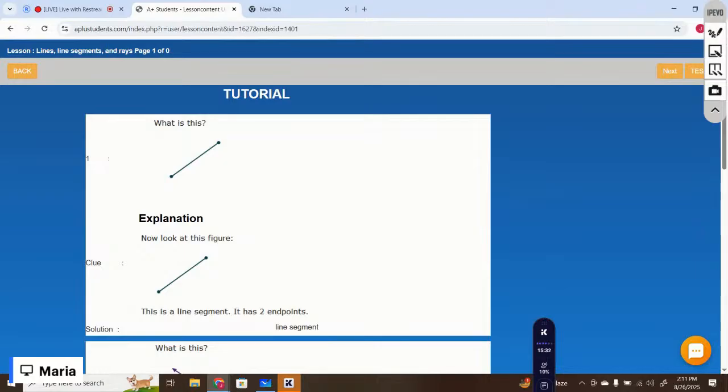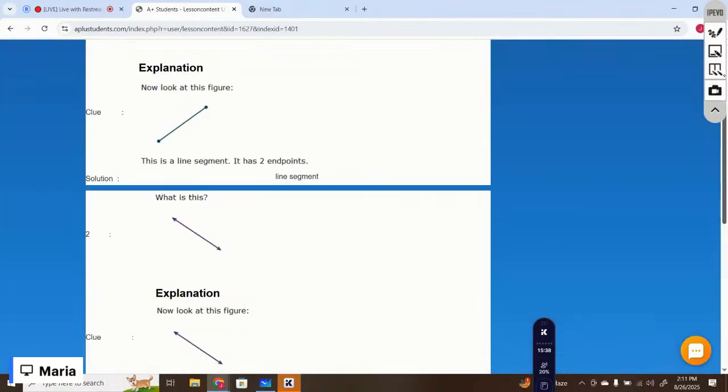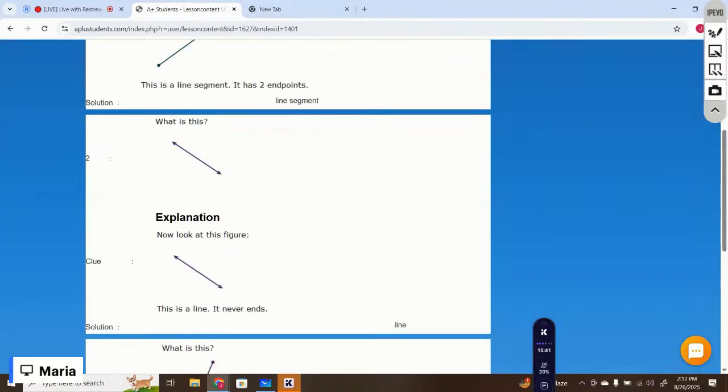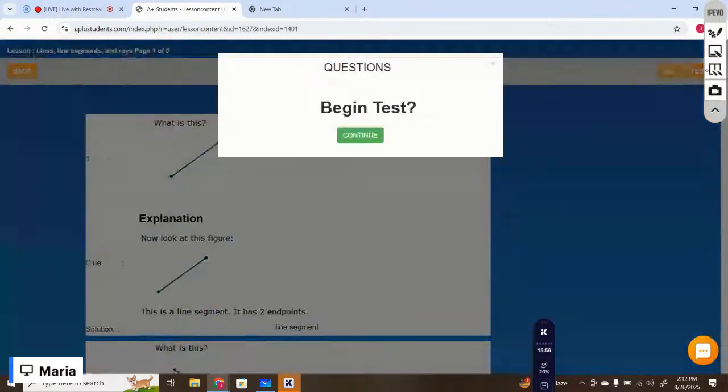That is a line segment because it has two endpoints, so that is a line segment. What is a line? A line never ends. Let's just start with the test questions.